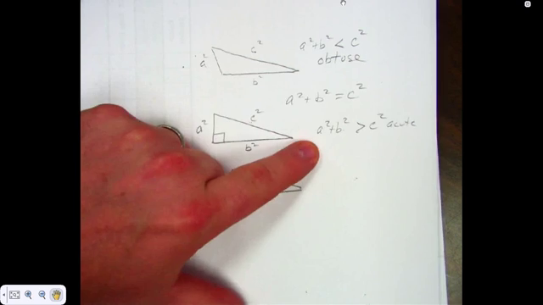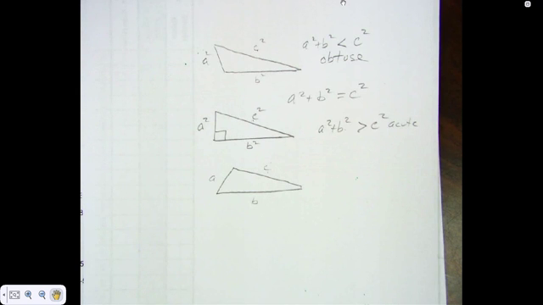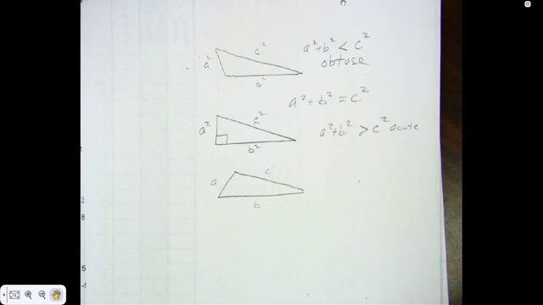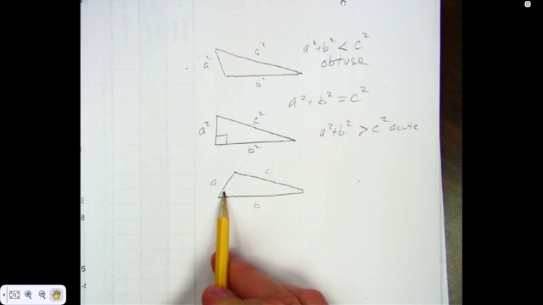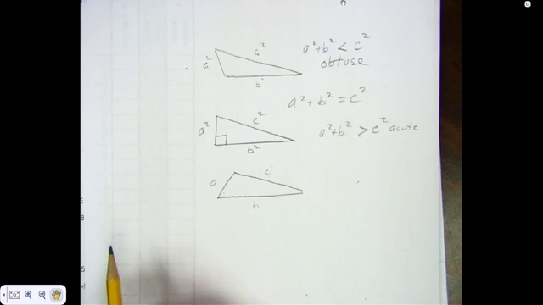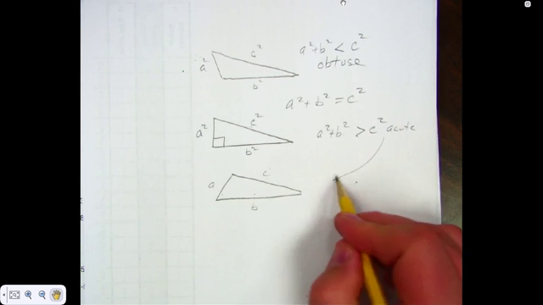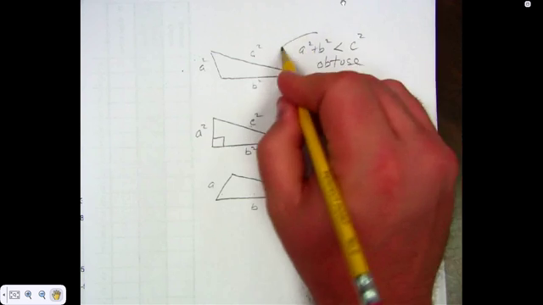When it's smaller, it's acute. You see the logic of why that happens? As the 90-degree angle gets bigger than 90, that hypotenuse has to get longer, doesn't it? As that angle gets smaller, the hypotenuse gets smaller, making it an acute triangle, and therefore making this an obtuse.